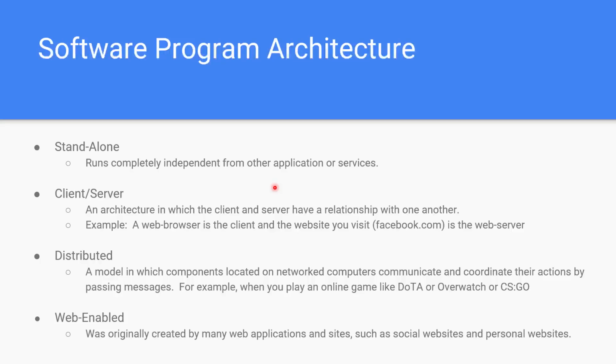The server processes that data or request that's sent down, and then sends results back. Again, the communication is over the network. And this is a good example: the web browser is the client, and the website you visit is the server, and you're making requests with your browser, and the server is responding to those requests and sending back data.